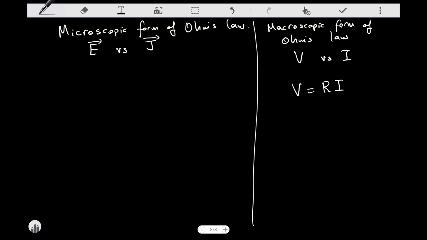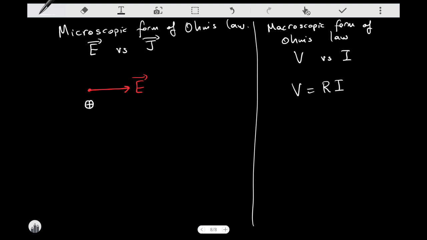So we are inside a wire, let's say, and then there's an electric field inside the wire. So let's just consider a charge carrier within that wire. So the motion of that charge carrier does not depend on the geometry of the wire, right?